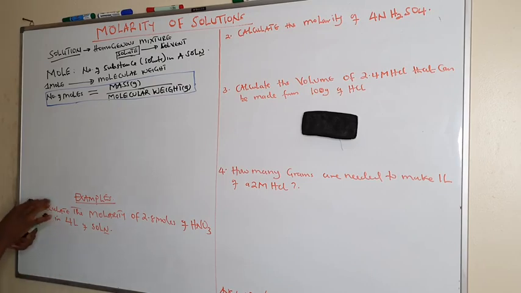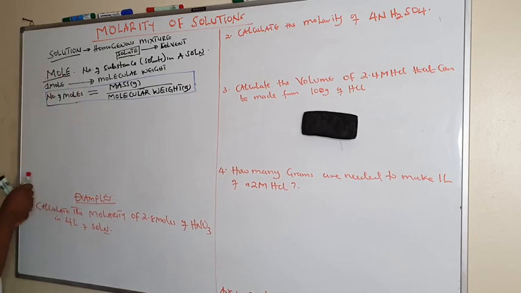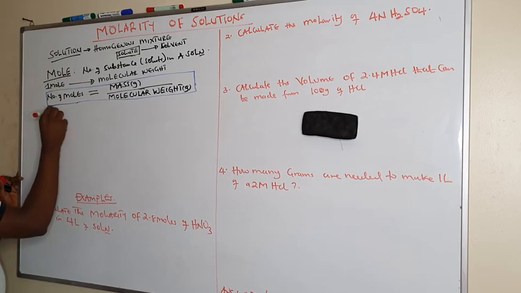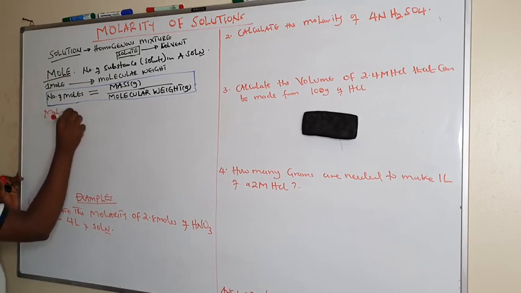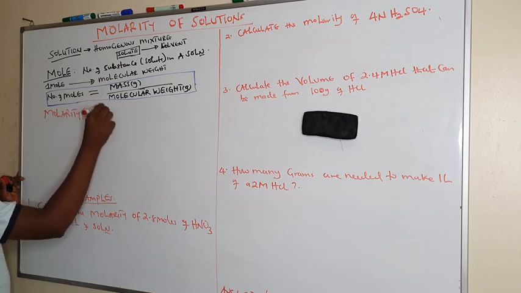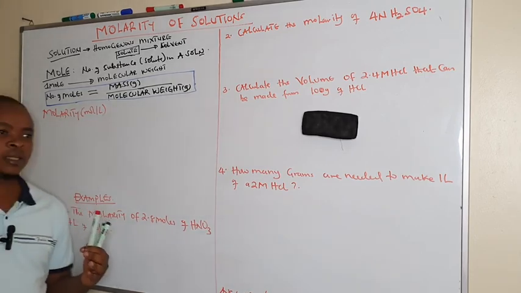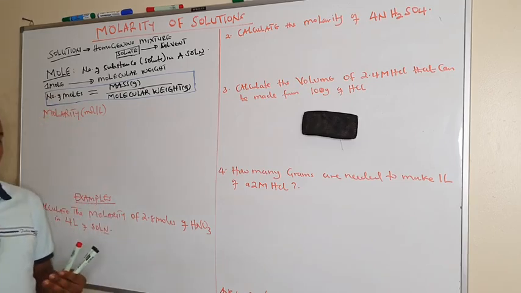So after understanding what mole is, now we need to understand molarity, which we call mole per liter. And molarity is the number of moles in a liter.